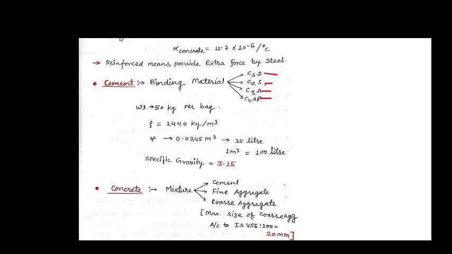Weight per bag is 50 kg, it's important, and the density of cement is 1440 kg per meter cube. Okay, its volume for one bag of cement is 35 liter, so in 1 meter cube there is 1000 liters, so you can convert it easily. And the specific gravity for cement is 3.15.